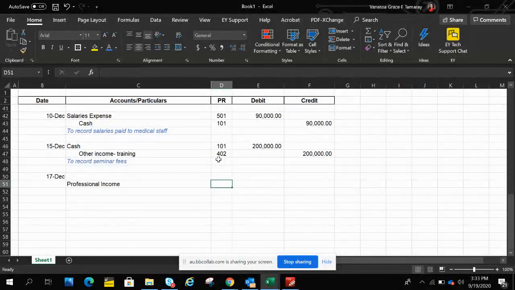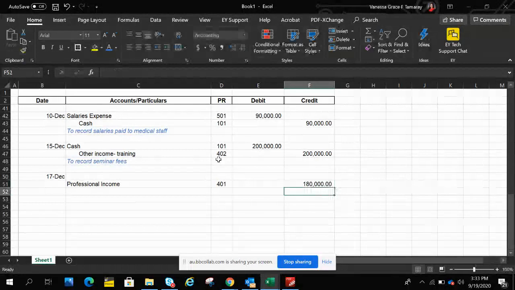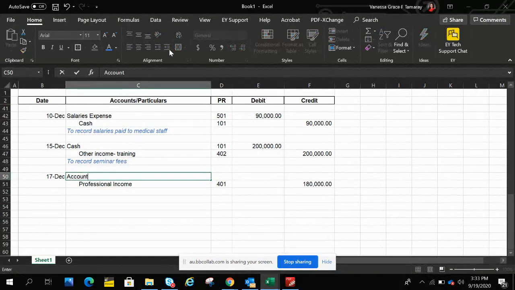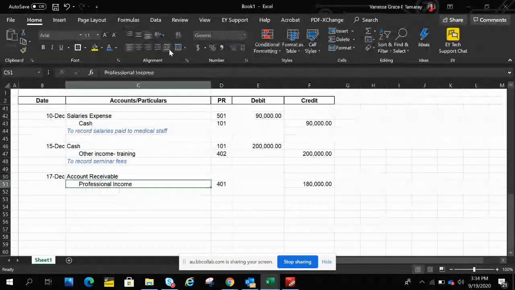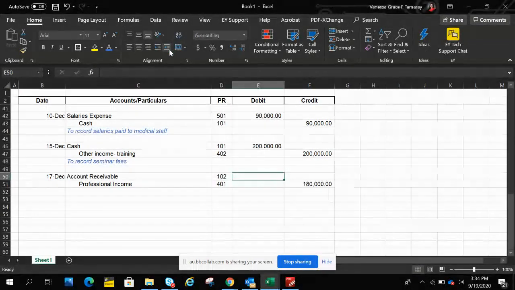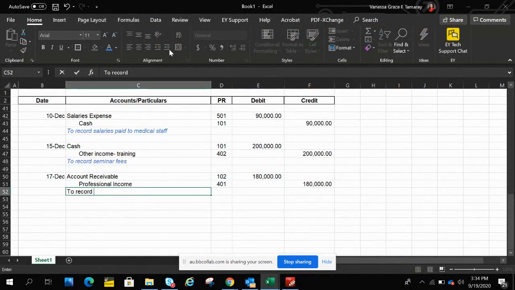That was 401. Credit yan. 180,000. And then, ang debit mo cash, hindi. Hindi, di ba? Matatanggap mo pa lang daw on account daw. Hindi pa sila magbabayad. So, meron ka lang collectibles. That is what you call accounts receivable. 180,000 pesos. To record medical service revenue on account.